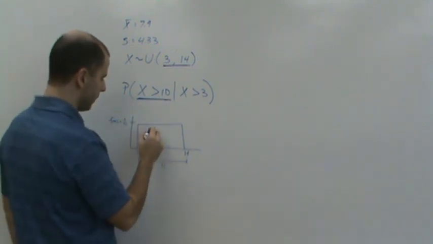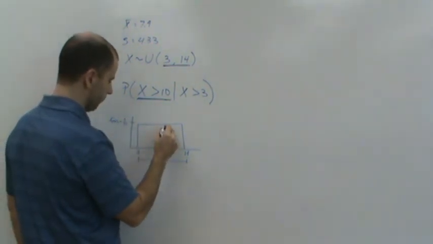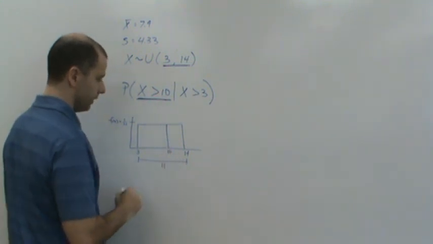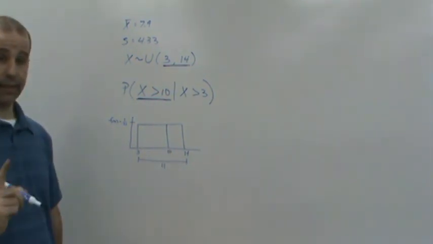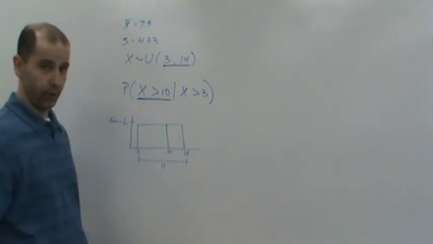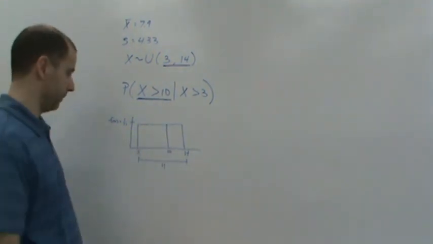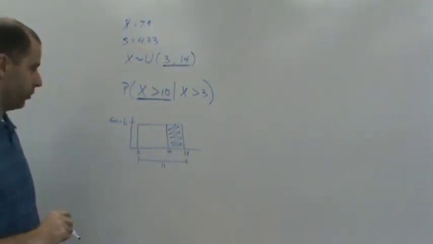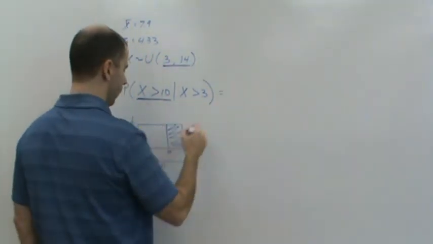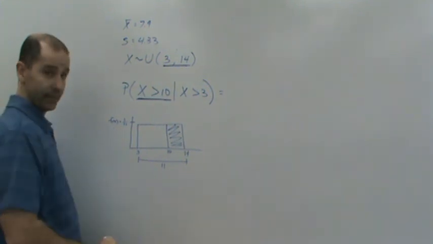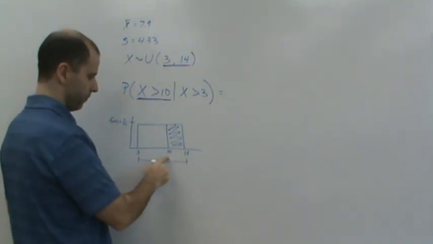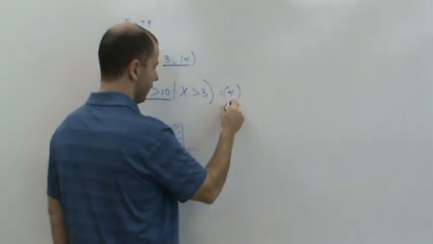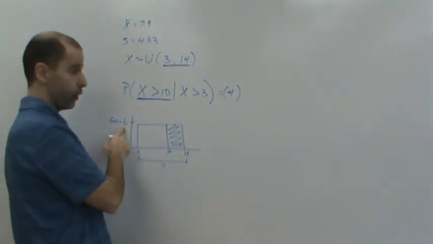Now, what's the probability that x is bigger than 10, given that we know x is bigger than 3? Well, now, this is what we're dealing with. So how do we do this? Now, we take base times height. What's the base? 14 minus 10, which is 4, times the height, which is now 1 over 11.